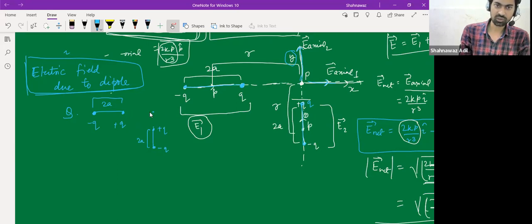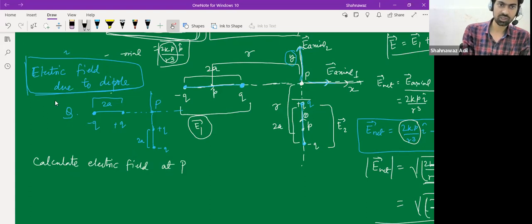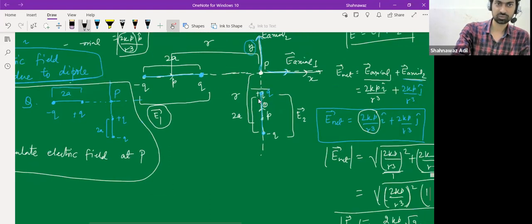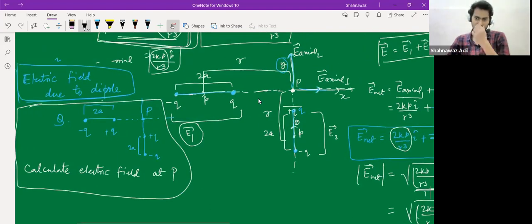So we want to calculate the electric field at point P. So this is the question. Okay, and this is the answer.